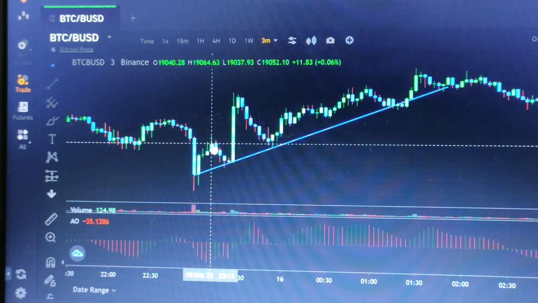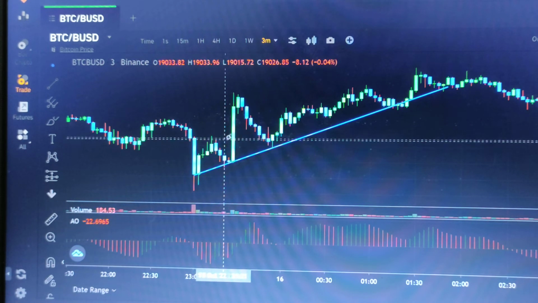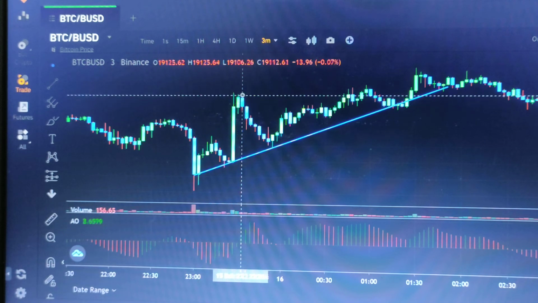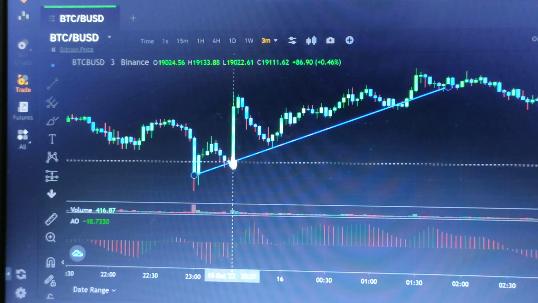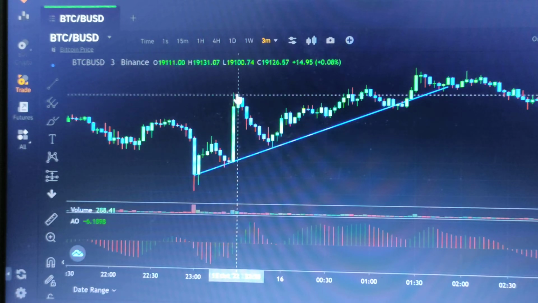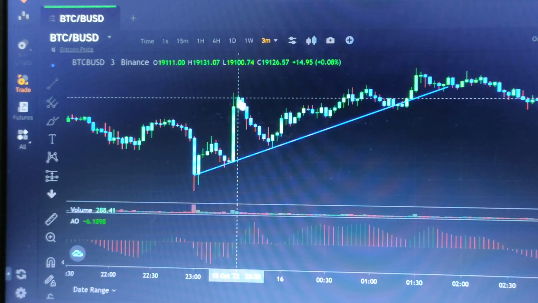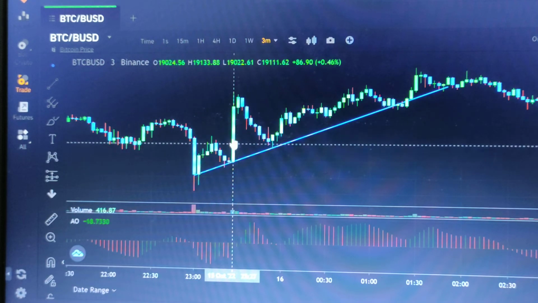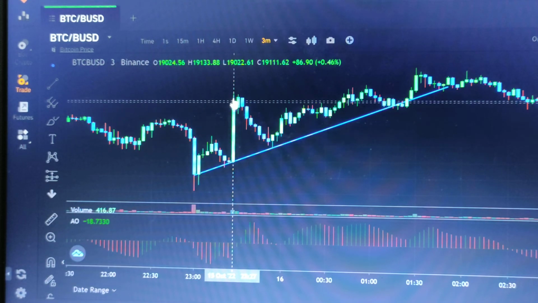All right, but another mistake people make is here, they do not confirm it, so they enter here. They think that this is very long, and you should always know, whenever a long wick candle is formed like this, it will definitely reverse back very fast. So here you can see a very long candle with a wick.